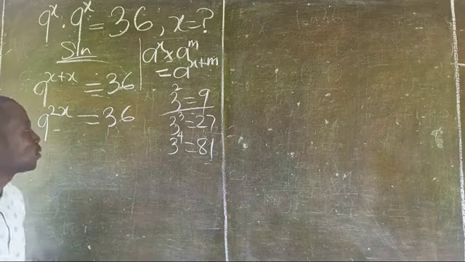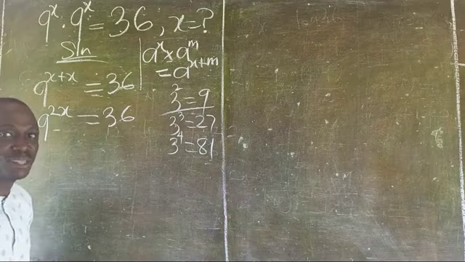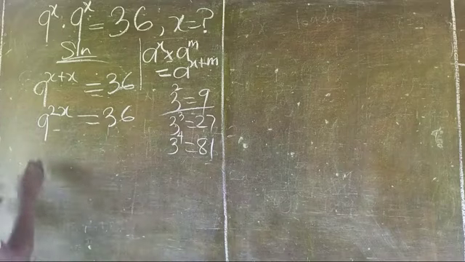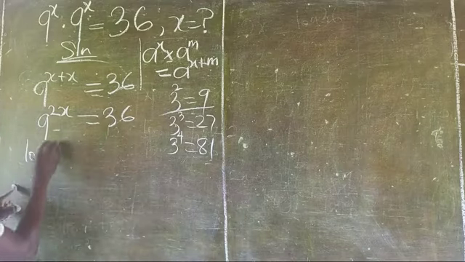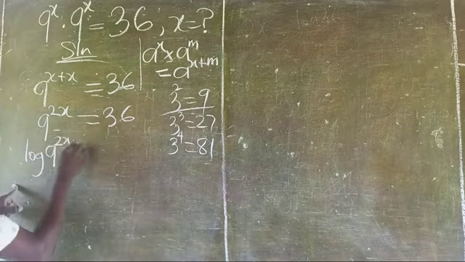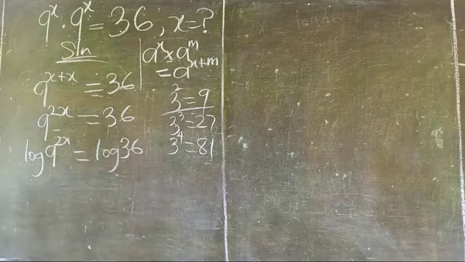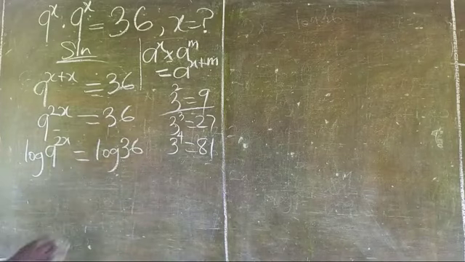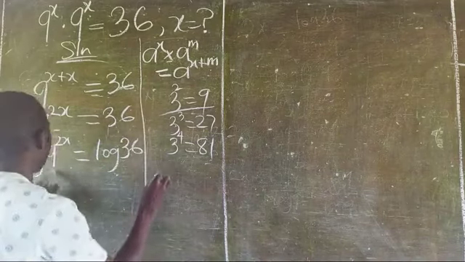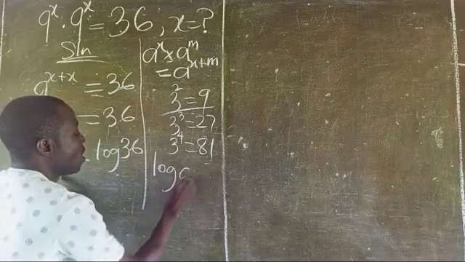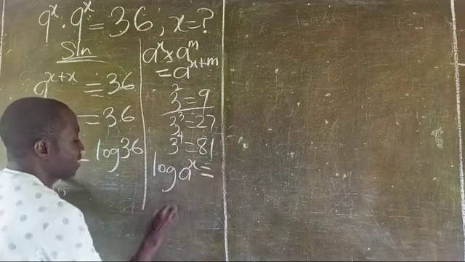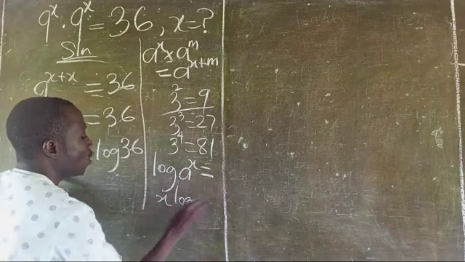So our next option is to take log to base 10 of both sides. That is to say, log 9 raised to power 2x equals log 36. You see? So now log is bailing us out of the quagmire. And if we remember, log a raised to power x is the same thing as x log a.